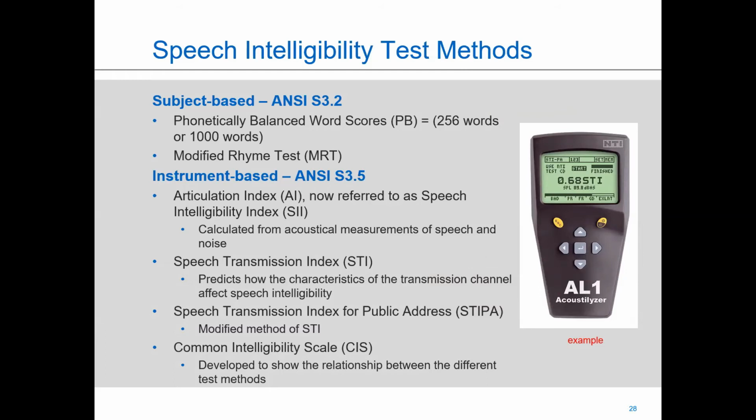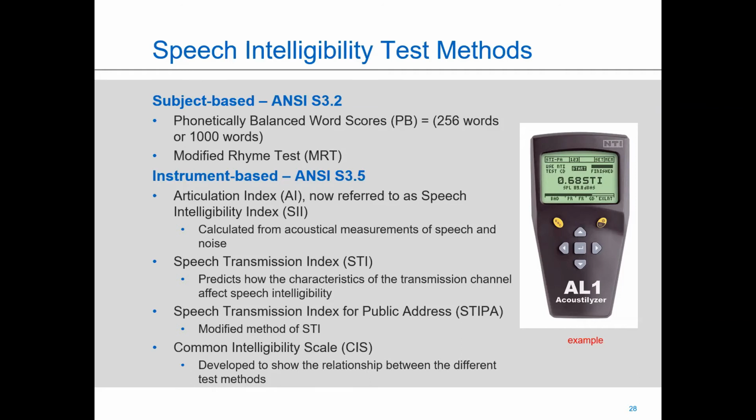And I'm fairly certain, I haven't given this presentation in quite some time, but fairly certain it's a slide in here. Intelligibility tests. There are two different methods, the STI, the Speech Transmission Index, is a method or a standard test for intelligibility, as well as the Common Intelligibility Scale, or the CIS.